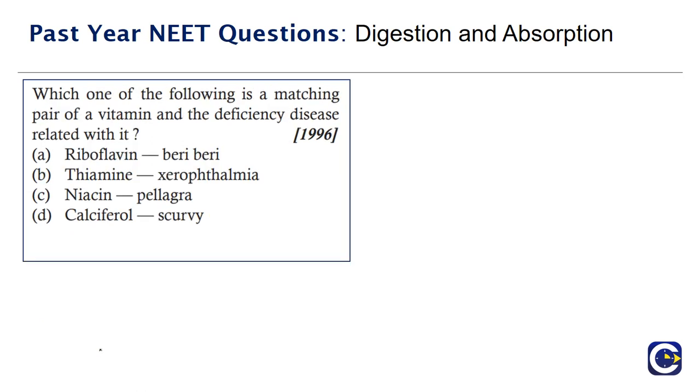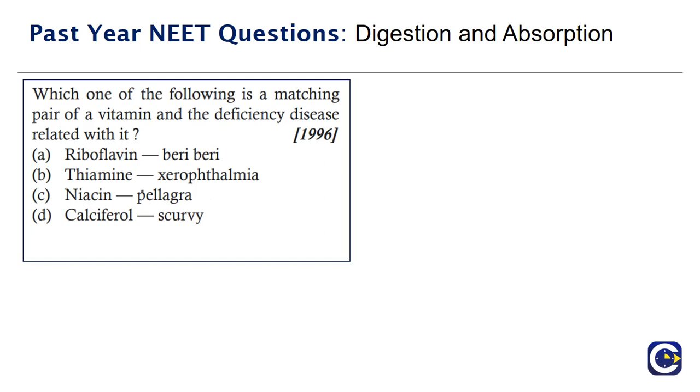Which one of the following is a matching pair of vitamin deficiency disease related with it? The options given are: option A riboflavin, beriberi; option B thiamine, xerophthalmia; option C niacin, pellagra; option D calciferol, scurvy. So which is matching? They are asking matching.